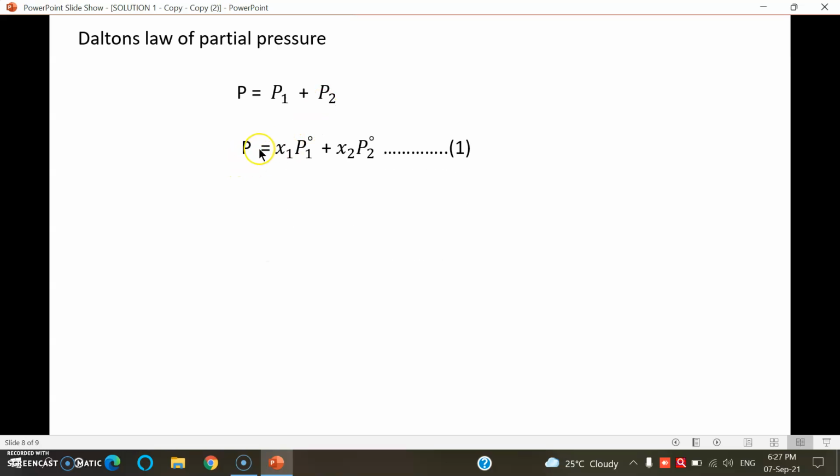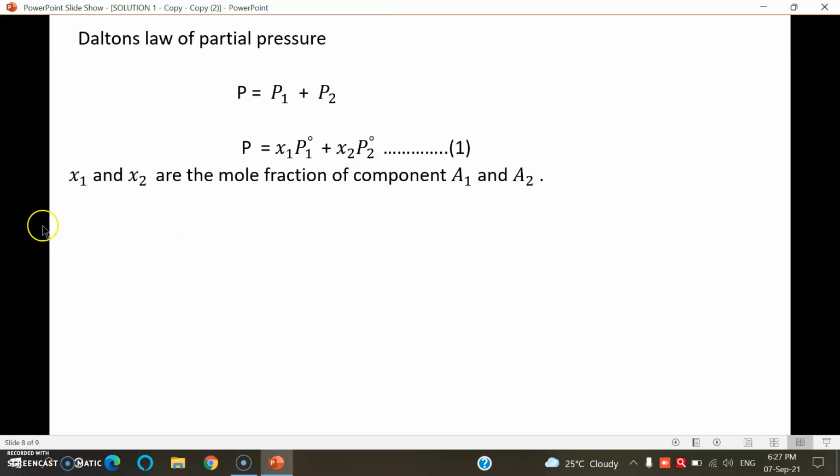So P is equal to, by using the values from Raoult's law, X1 into P1 naught plus X2 into P2 naught. This is Raoult's law. X1 and X2 are mole fractions of A1 and A2.